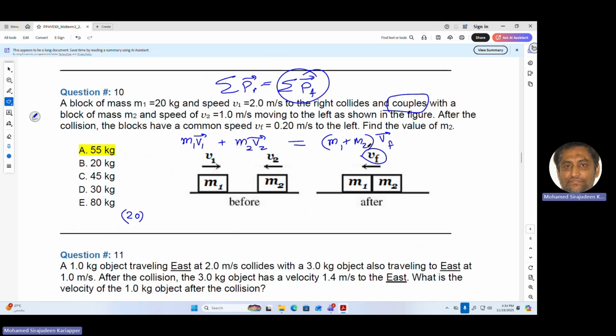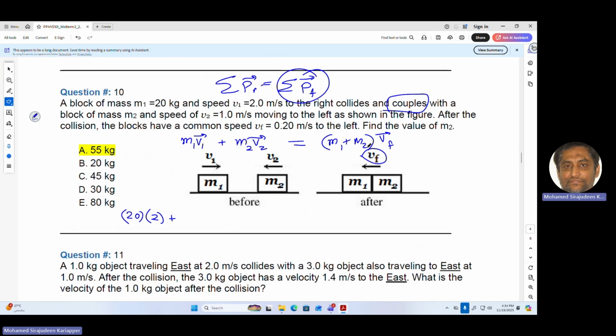Conservation of momentum is a vector equation. Although it is only one dimensional, everything moving along the same line, they are vectors. So you have two directions, a positive direction and a negative direction. If I take the right side as the positive direction, v1 is positive. So how much is it? 2 plus m2.